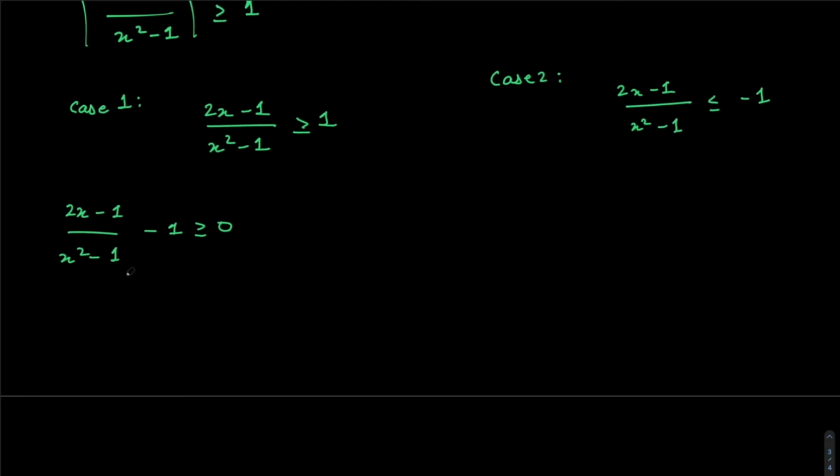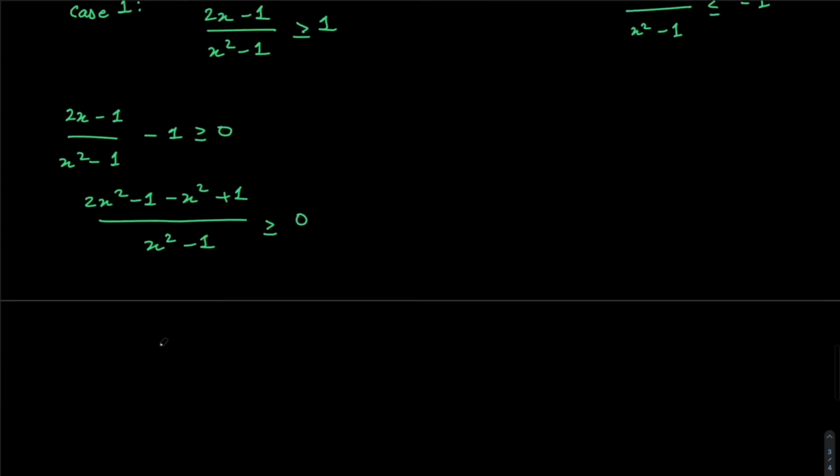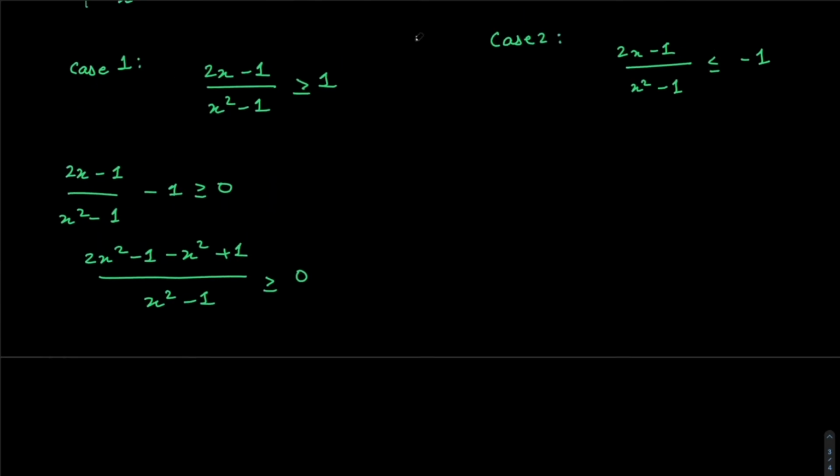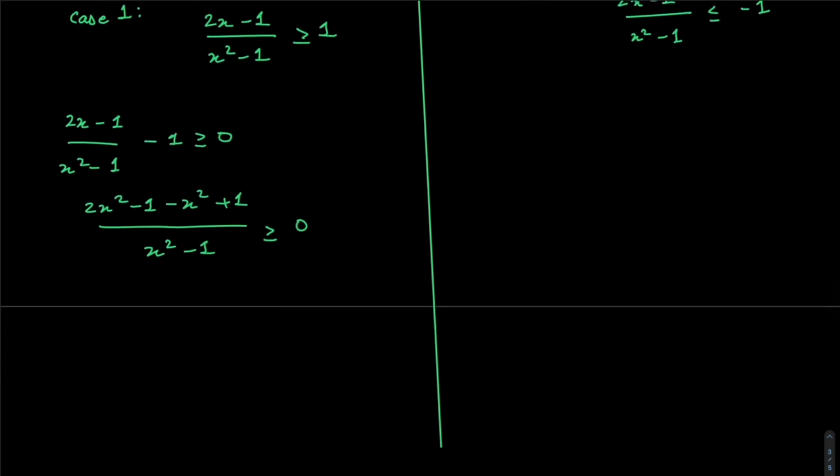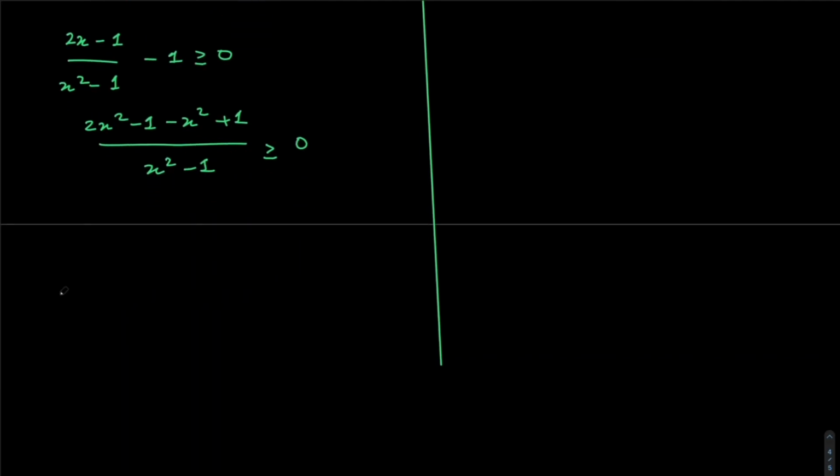Once I've done that, I'm going to take the least common denominator. So I'm going to have (2x minus 1 minus x squared plus 1) all upon (x squared minus 1), which is going to be greater than or equal to 0, right? I'm going to create a division here. Now I'm going to have 2x squared minus x squared... so I'm going to change the sign and multiply both sides by minus 1.